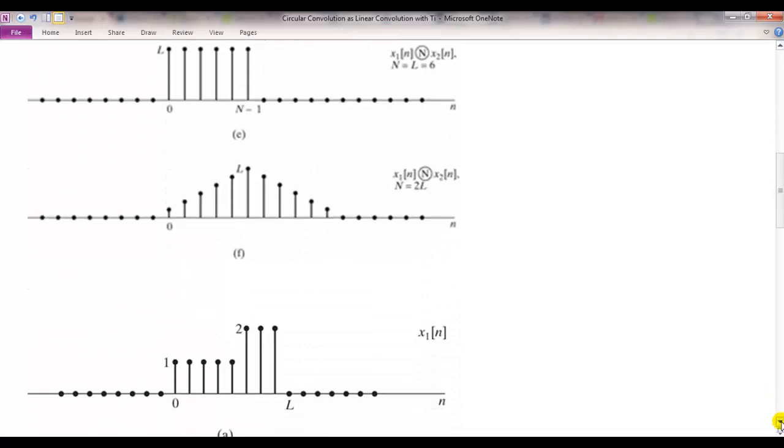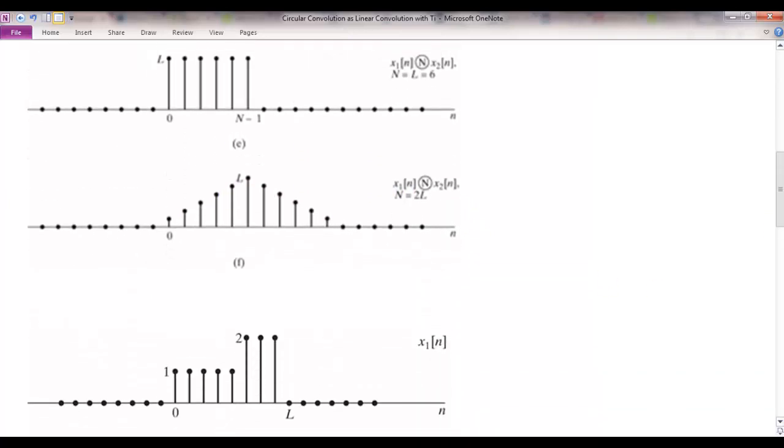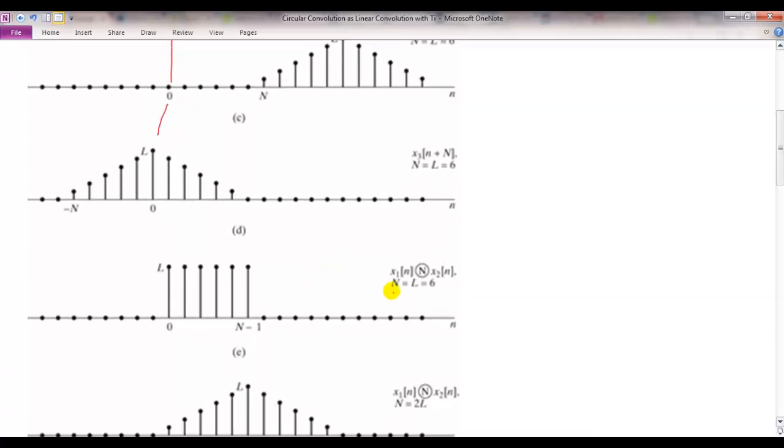Now I can do the same thing if I increase my n. Then, if I do, I will not actually have an overlap. So this is for the case when n equals 6. Your circular convolution looks very different from the linear convolution.